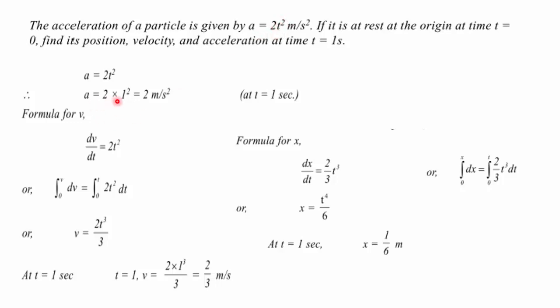I already have a, it's variable, it's not constant, but it depends upon time. So I will just substitute the value of t as 1 second, and I get the value of acceleration at 1 second. Now I will use the velocity acceleration definition, dv/dt is equal to acceleration.